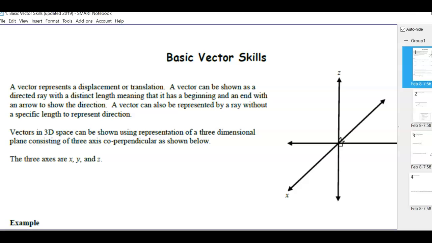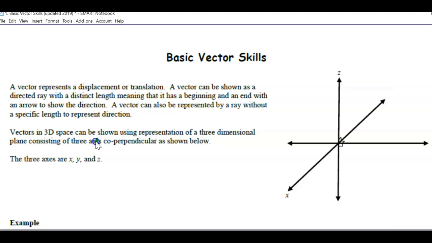Vectors in 3D space can be shown using a representation of a three-dimensional plane consisting of 3 axes. The co-perpendicular axes are shown below: x, y, and z. So take a look at the orientation here. Normally when we do two-dimensional, we have x and y. Now the x is coming out of the board.